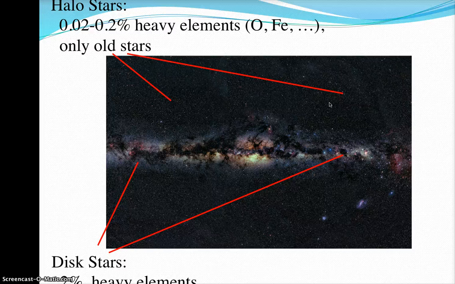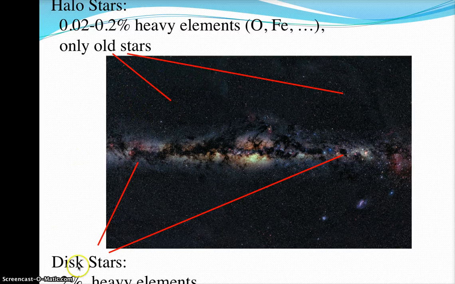Remember, that's why hydrogen and helium are still the most abundant materials in our universe, because they were originally the only materials. And also remember that the way that we create heavier elements like oxygen, silicon, carbon, iron, is through the nuclear fusion that takes place within stars and is then dispersed when they explode. So the fact that the halo stars have very, very small concentrations of heavy elements tells us that they're very old and were made very early in the history of our universe.